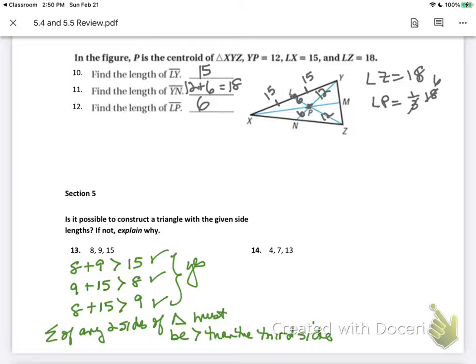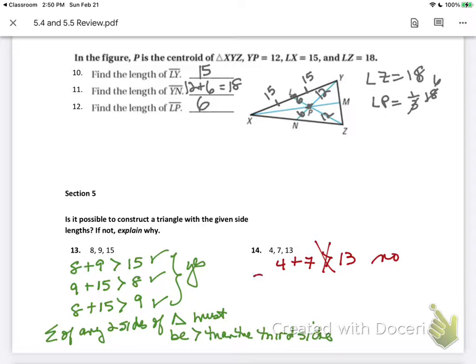So the second one, I had to go through the same procedure. I'm going to check, is 4 plus 7 greater than 13? 4 plus 7 is 11, which is not greater than 13. So this is a no. So I know right away, all I have to do is find one thing that doesn't work.